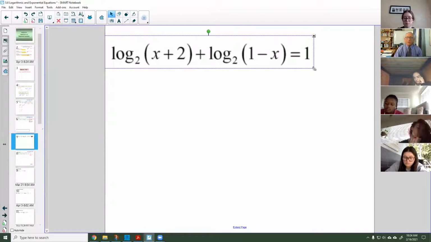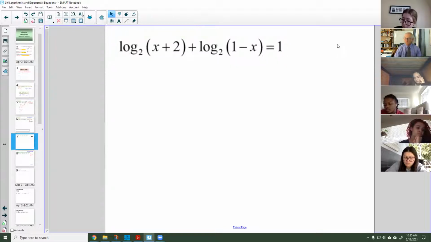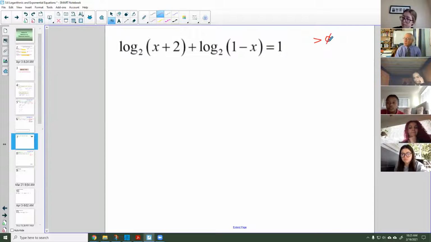I want to find out what is the domain of this equation. I know that the argument of a logarithm has to be greater than 0. Is everybody okay with what I just said there? Okay, we're going to take a little process here. So I have two logarithms in this equation.